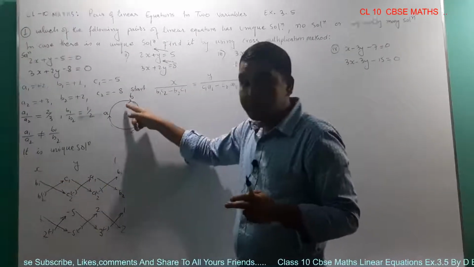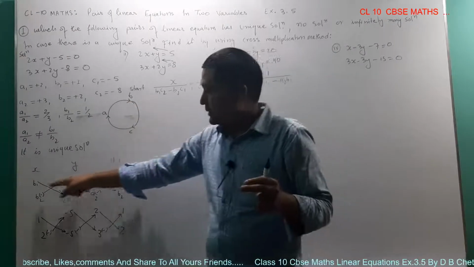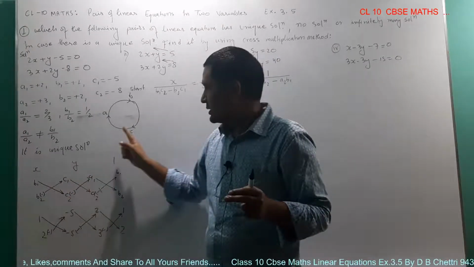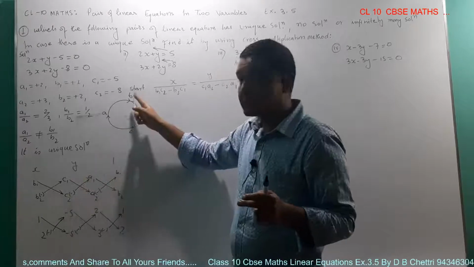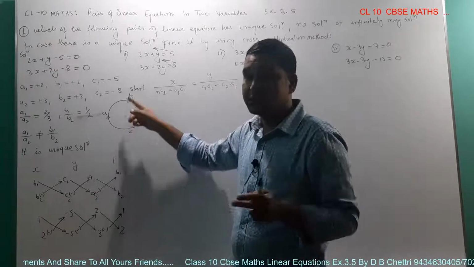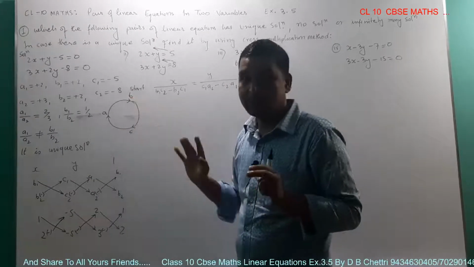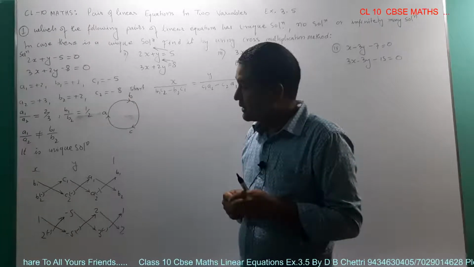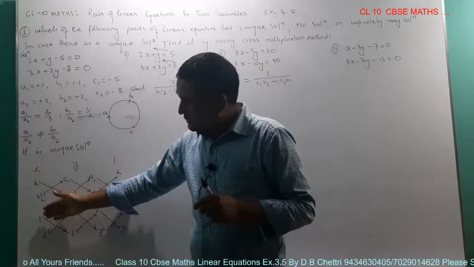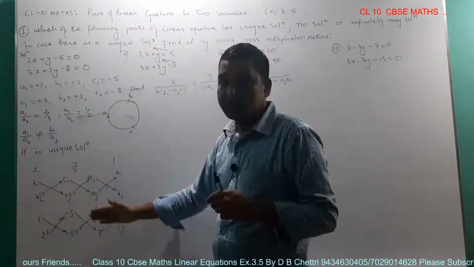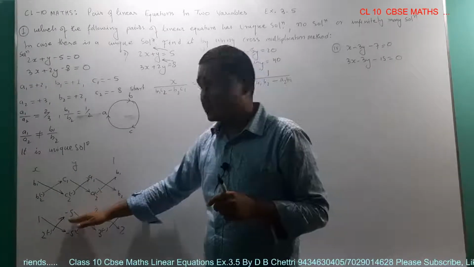It starts from b: b1 b2, after b comes c1 c2, then to complete the circle again it comes b1 b2. Then just write the values accordingly, without writing directly from here.